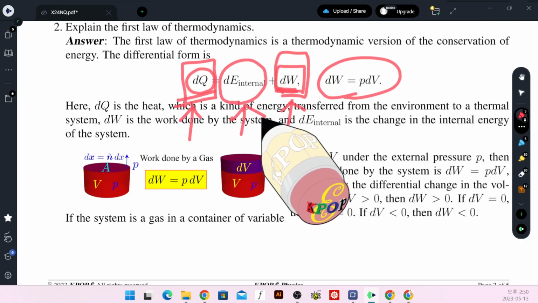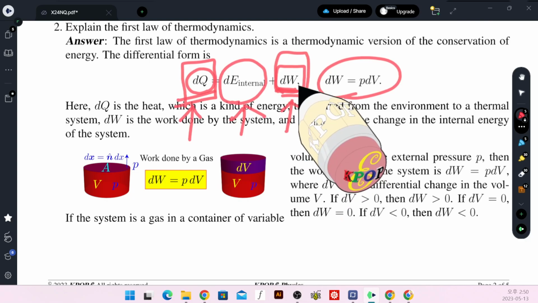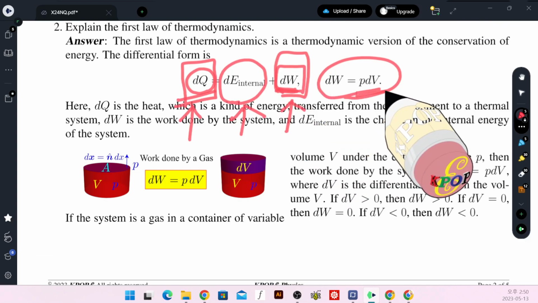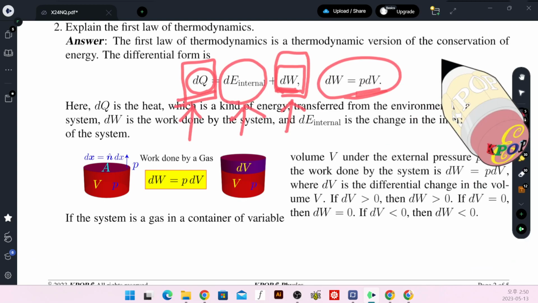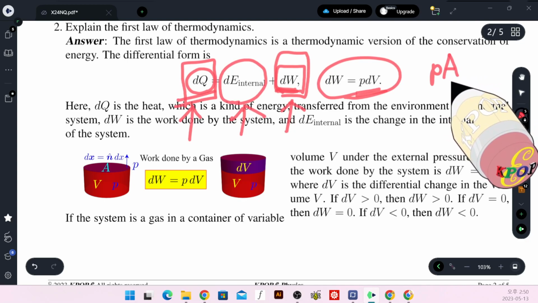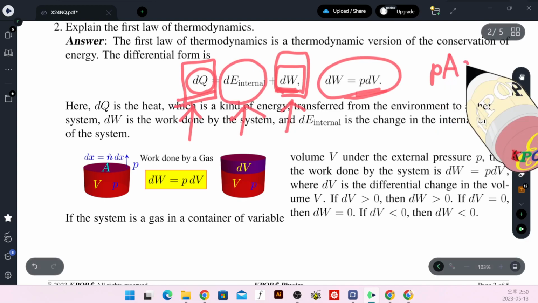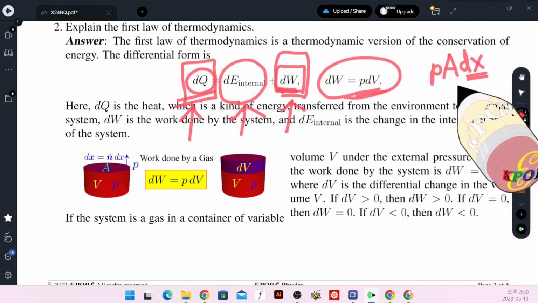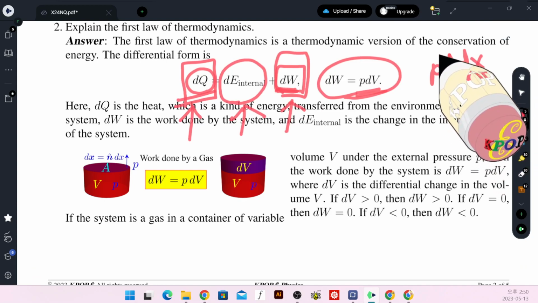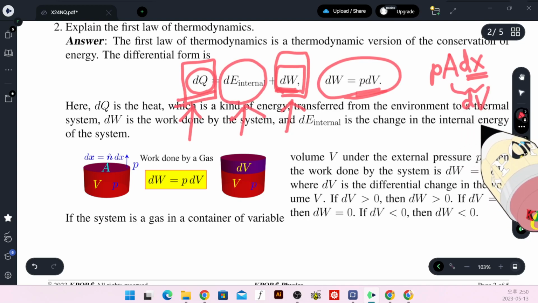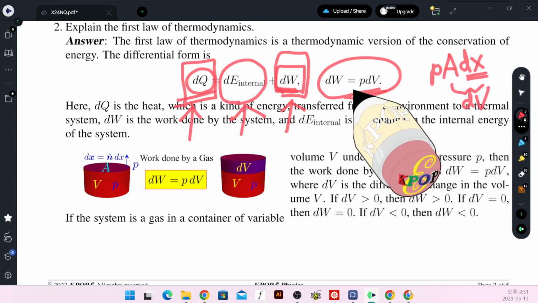Okay? The work done by the gas is pressure times change in volume. Remember, the pressure multiplied by the cross-sectional area times displacement of the wall perpendicular to that area, then this one is the volume change of the gas.